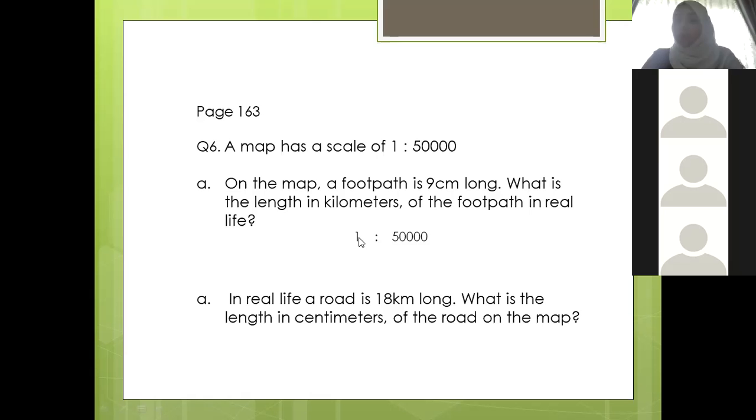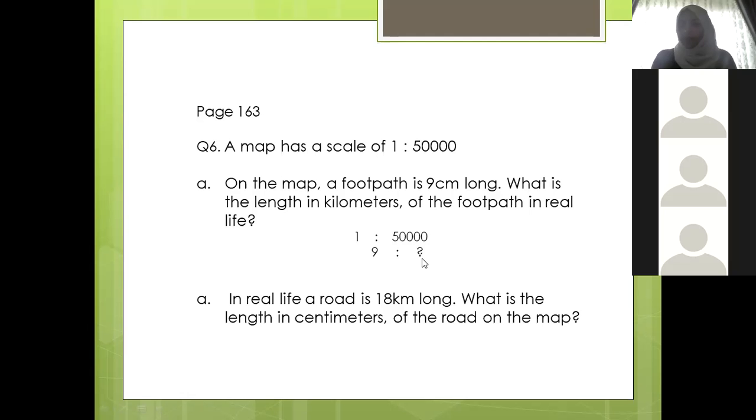So if I have 1 centimeter in the drawing, and that would be 50,000 centimeters in real life, check what we can do. Here I have 9 centimeters in my drawing, and here I don't know exactly how much. Remember that scale goes by direct proportion.